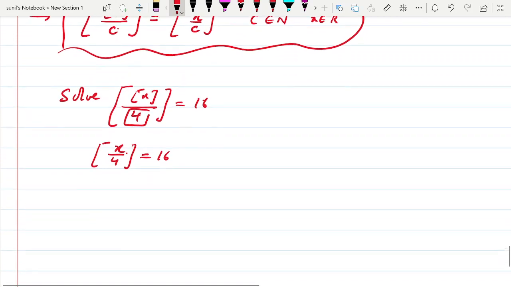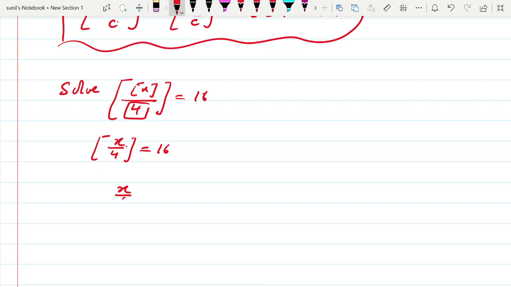Now if bracket x by 4 is 16, I can say that x by 4 will certainly be greater than or equal to 16 but less than 17. Now what will you say about x? It lies between 64 and 68. So my x lies in this range. This way you can simplify it.